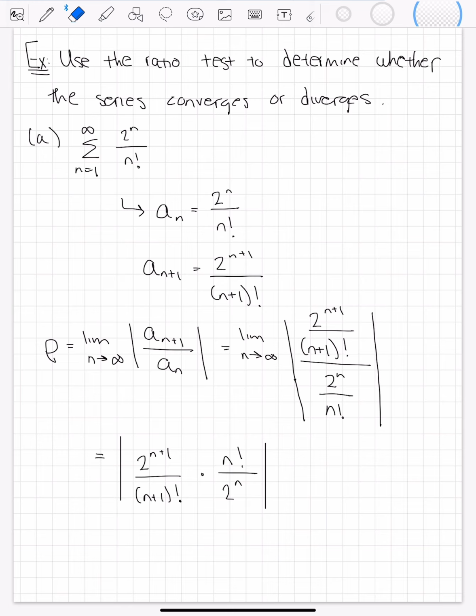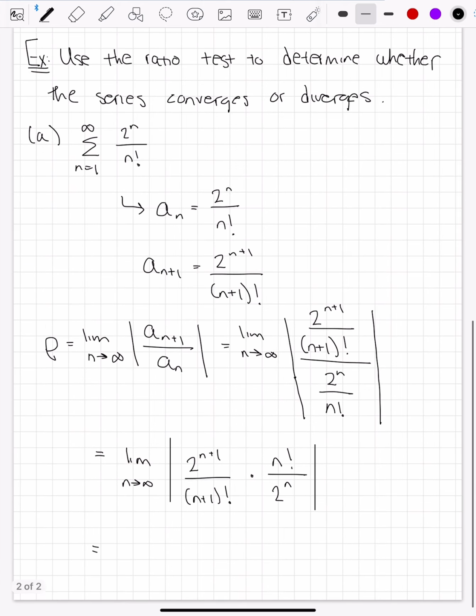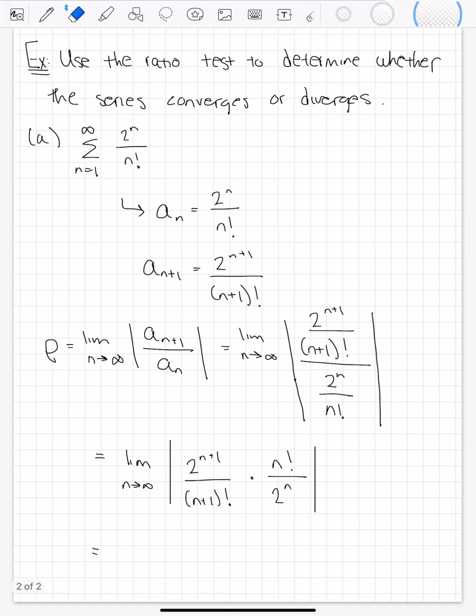Oops, I dropped my limit when I brought this down, so let me add my limit in there because that's coming along for the ride. Let's think about what's actually going on here.